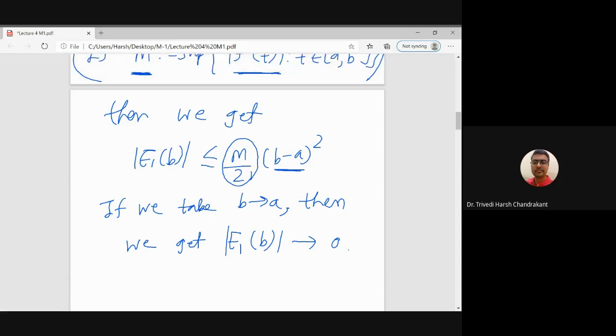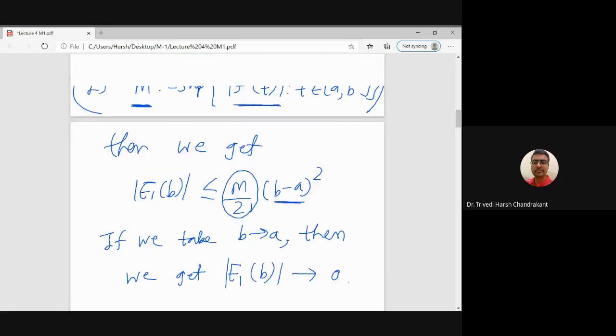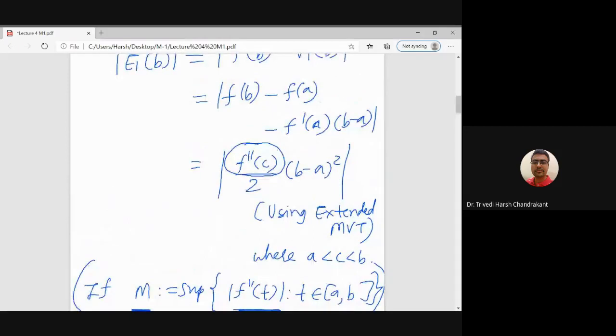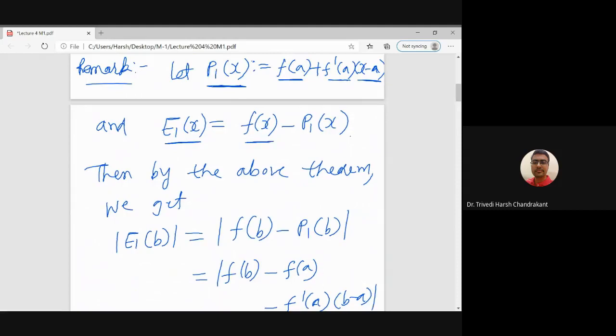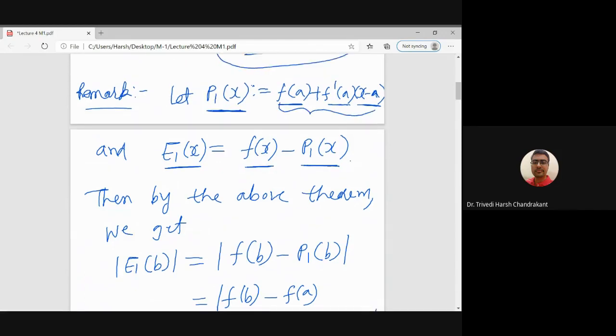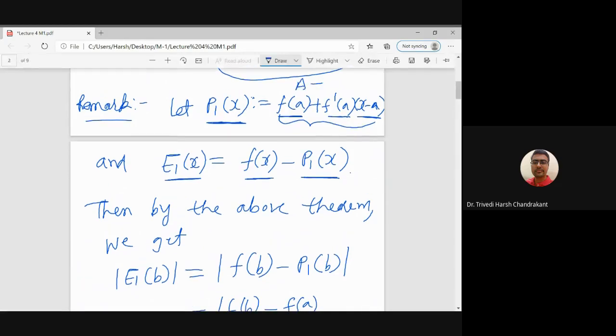So the error approaches 0. What is error? Error is the difference between the function and this polynomial. And this polynomial is nothing but the equation of a line, right? Because it is of the form a plus bx.